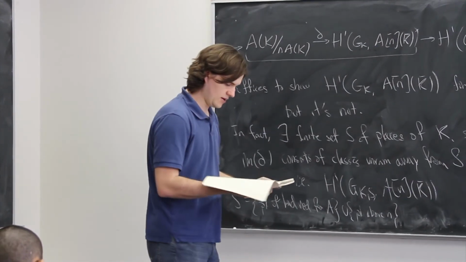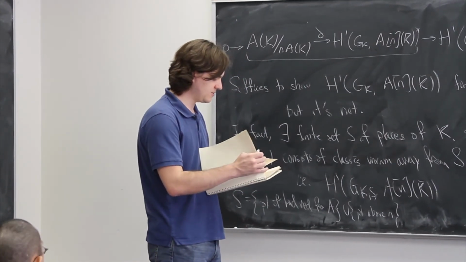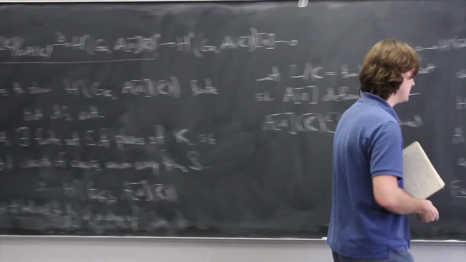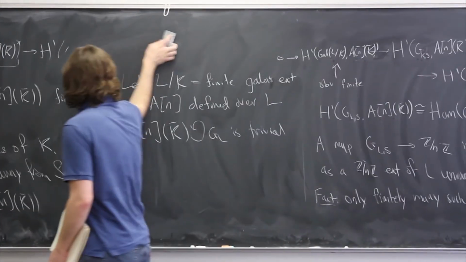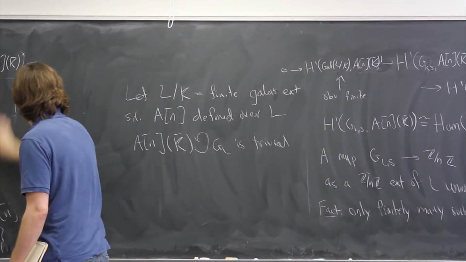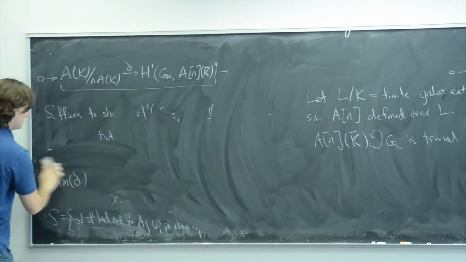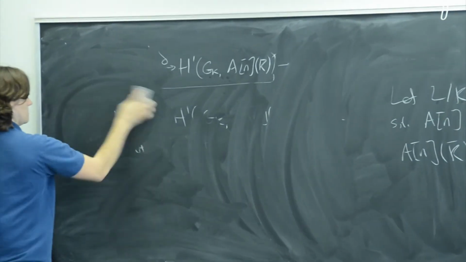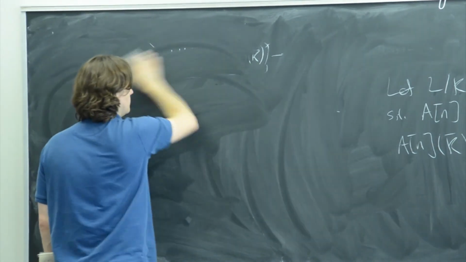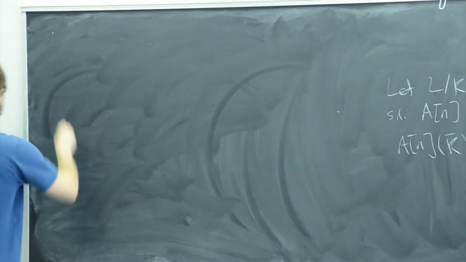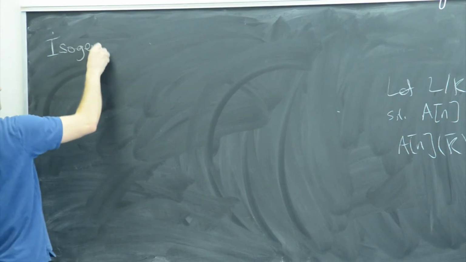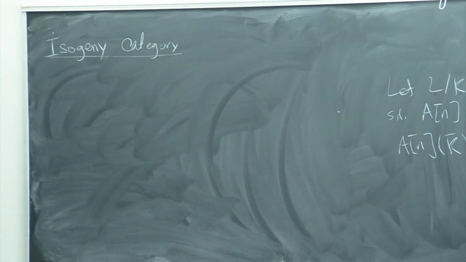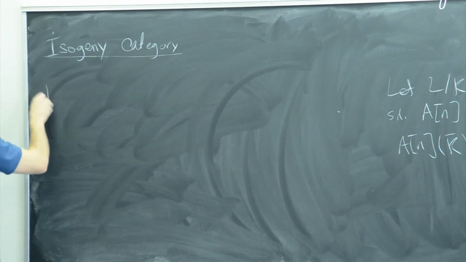All right, so then there's one final thing that I want to talk about today, which is something I meant to do last time. So I'm flipping back. And that's the isogeny category for abelian varieties. All right, so the first thing that I want to prove is called Poincare reducibility.